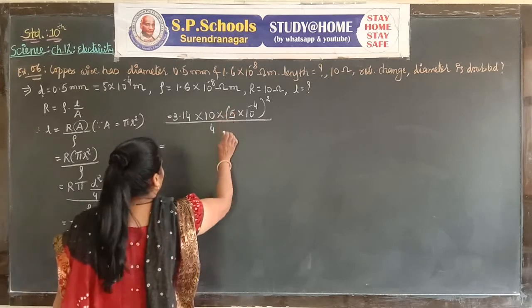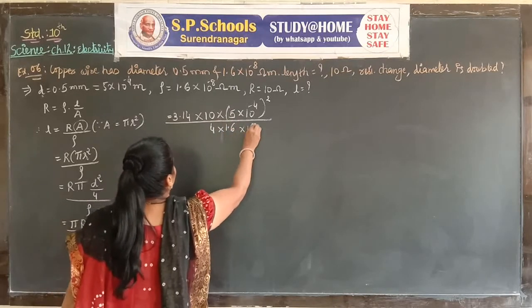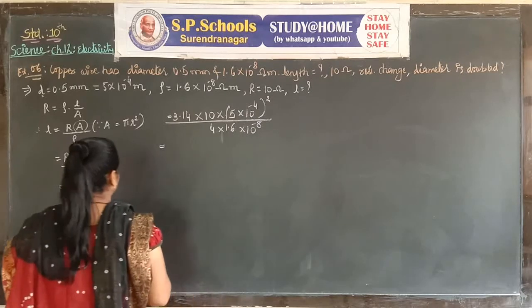We put the value of rho also, 1.6 into 10 raised to minus 8.